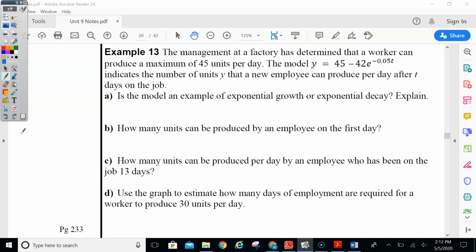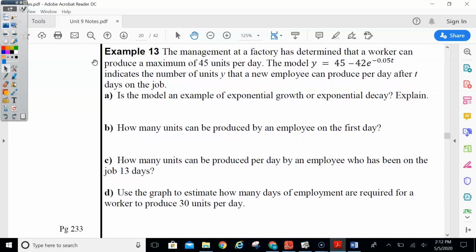Alright, so here, the management at a factory has determined that a worker can produce a maximum of 45 units per day. This model indicates the number of units y that a new employee can produce after t days on the job. So this is a transformation that we just saw. It just looks a little weird because the k value's in the front.